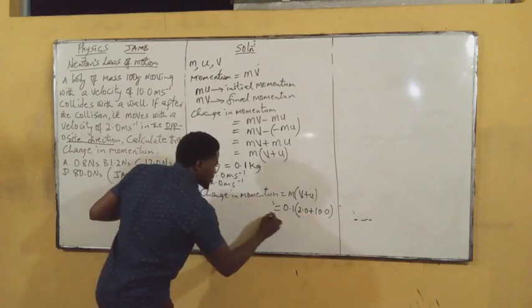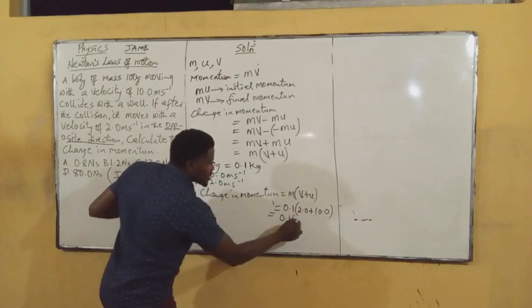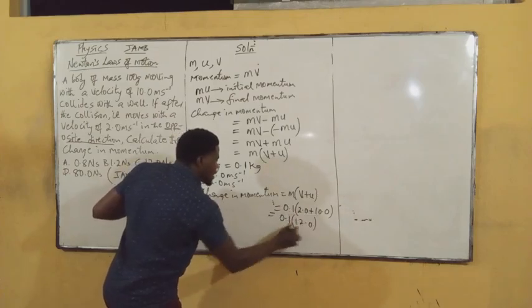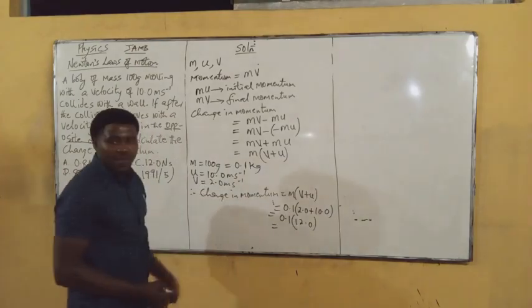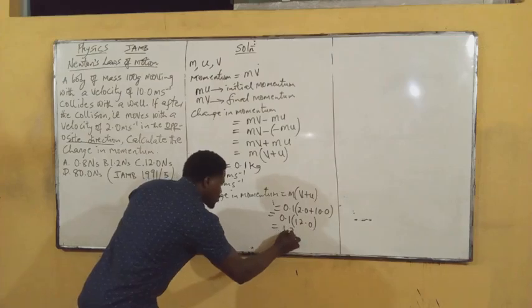This will give me 0.1 times 12.0, since 2 plus 10 is 12. Now 0.1 times 12.0 will give me 1.2.